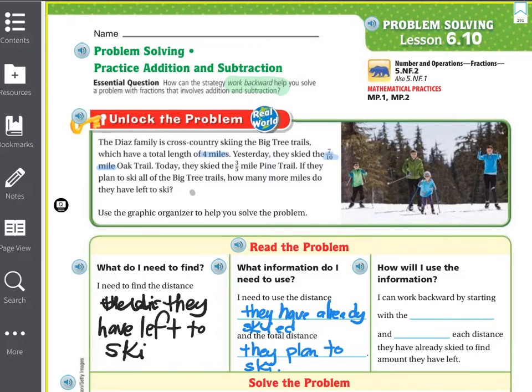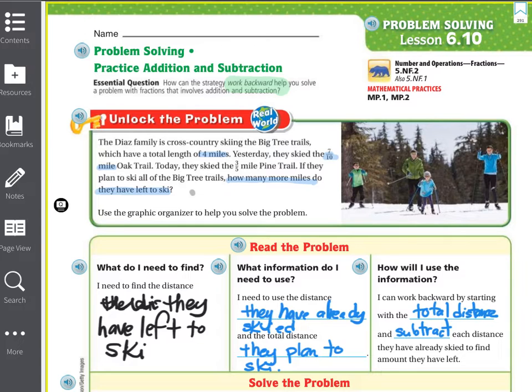So we're going to work backwards by starting with the total distance, and we're going to subtract each distance that they have already skied to find out the total amount they have left. The reason that we're going to subtract is because here it says how many more miles do they have left to ski.